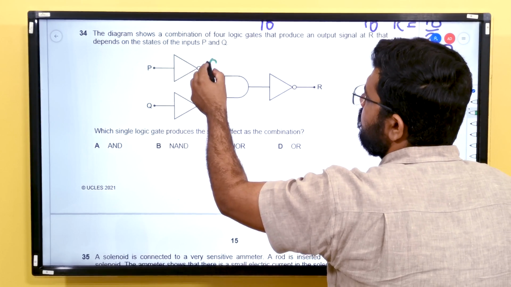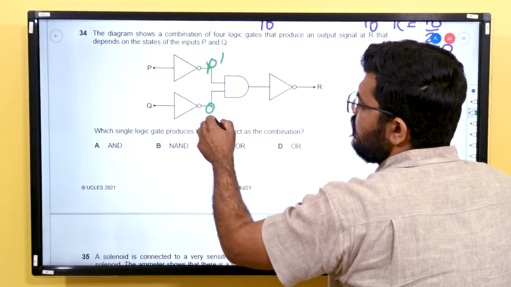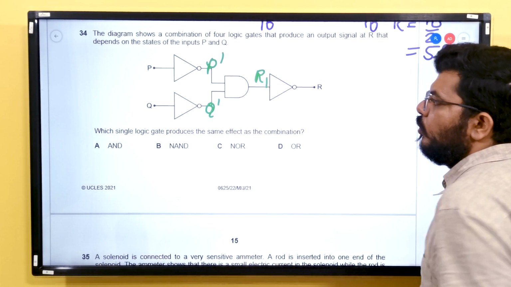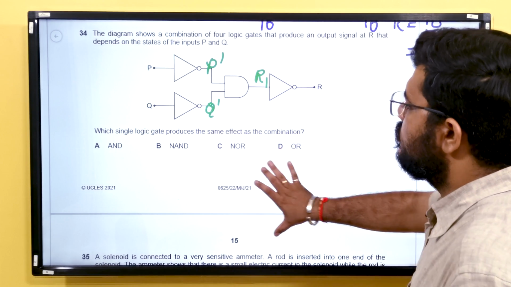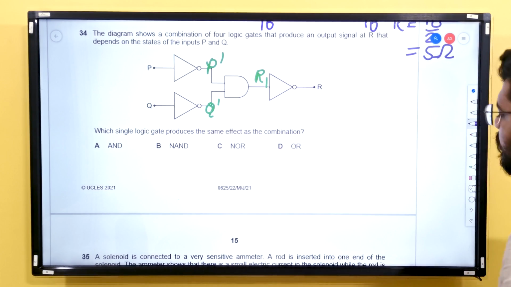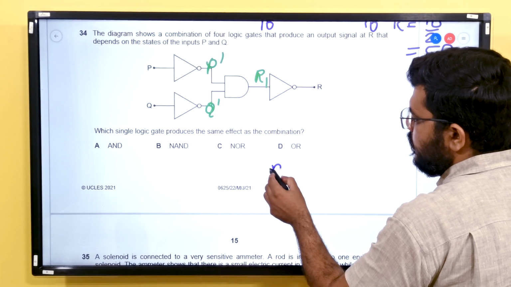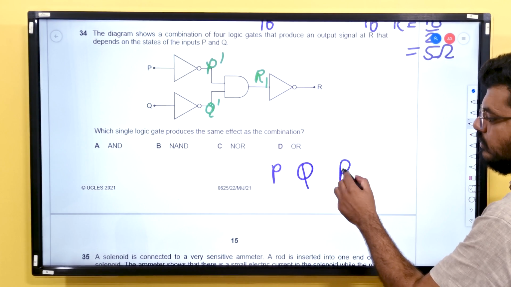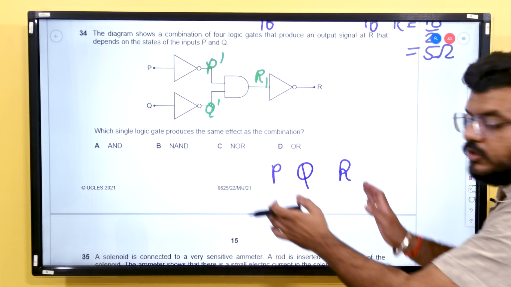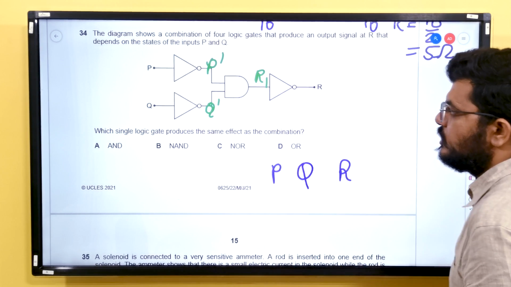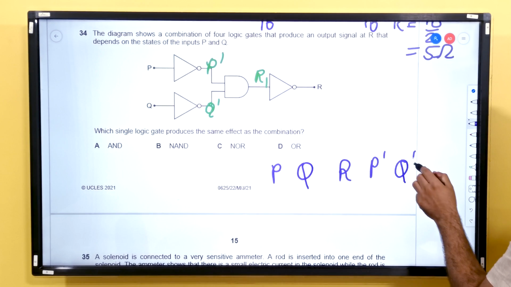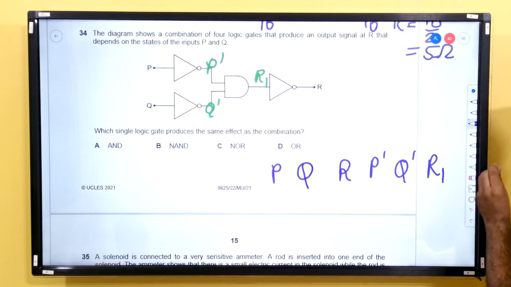Here we'll have P dash, here input Q dash, and here input R1. Now let us make a truth table that has all the inputs: P, Q and R together, because this is where we have to find what the logic gates are. This will be P dash, this will be Q dash, and this will be R1.